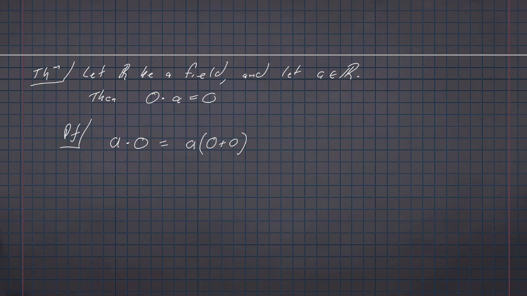Because 0 plus 0 is 0. So I've taken something that's fairly straightforward and I've made it more complicated. Right? 0 plus 0 is 0. 0 plus anything is that thing.